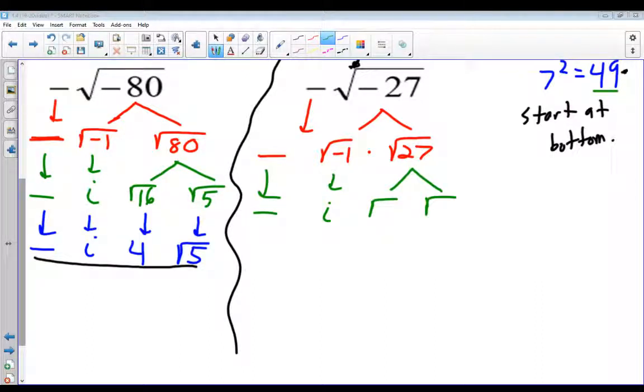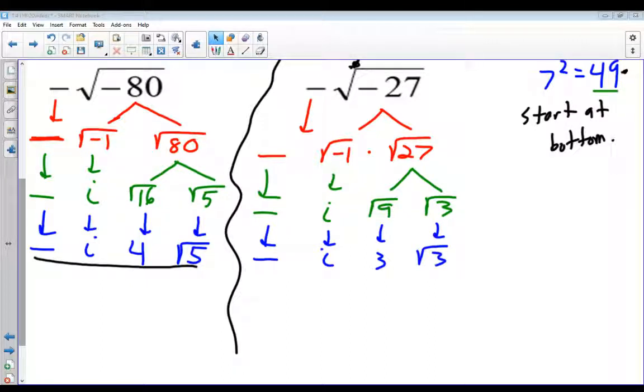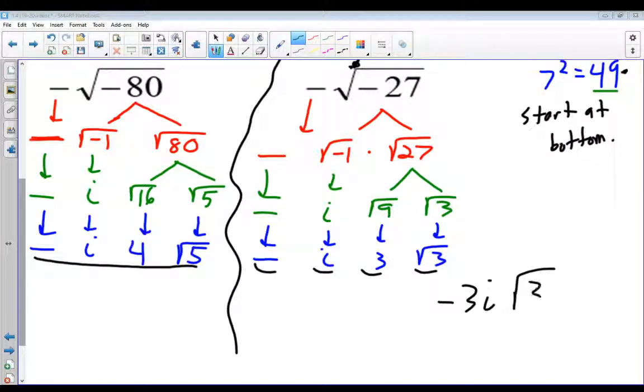And if you use the same routine, you should see that this will have to split into root 9 and root 3. Then if you simplify from there, this stays negative, this stays I, square root of 9 becomes 3, and that just stays root 3. Then combine all your answers to get negative 3I, and then the root at the back.